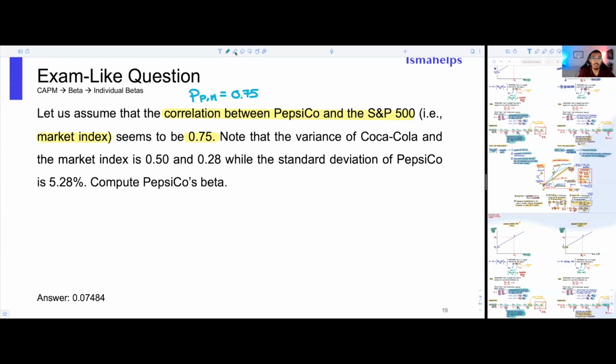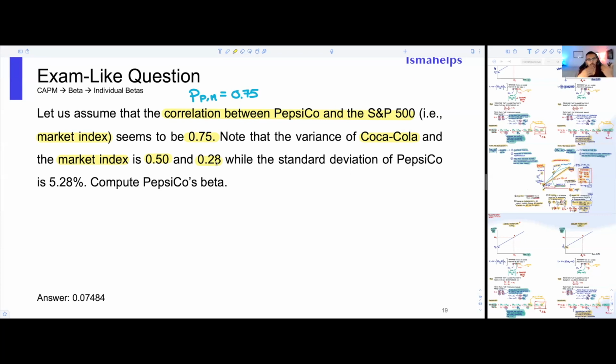And we also know that the variance of Coca-Cola and the market index is essentially 0.5 and 0.28. So when you read this, they're telling you that Coca-Cola's variance is equal to 0.5, and the variance of the market index is equal to 0.28. The reason why I wrote that, and even I kind of got confused because I never did this question, is that on exams, they may try to put you at a disadvantage with questions that are actually written poorly.